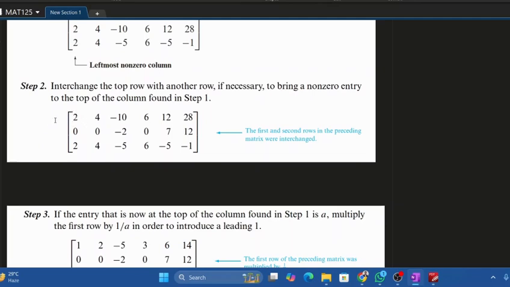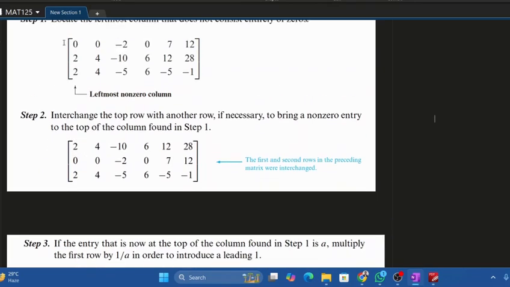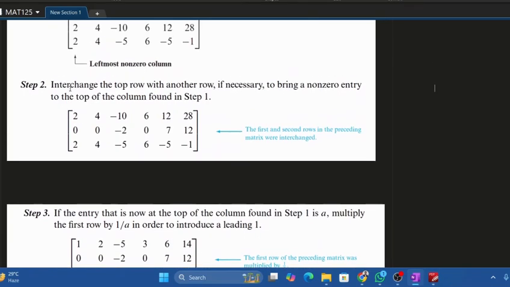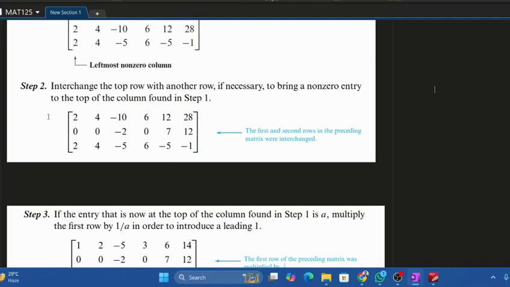If we had 0 here, we simply could not do that. Here we divide the whole row by 2. Thus we get 1: 2 by 2 is 1, 4 by 2 is 2, minus 10 by 2 is minus 5, and so on, right?